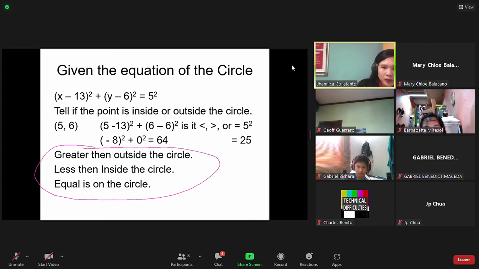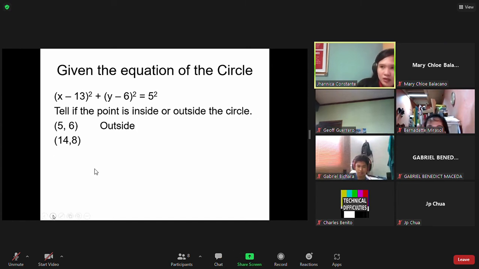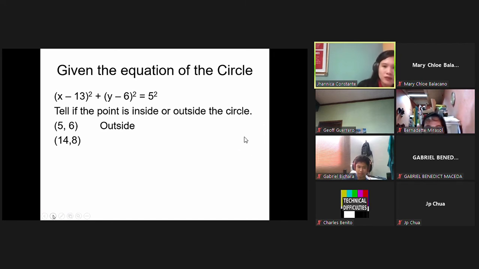For example, given the standard equation of our circle, which is (x - 13)² + (y - 6)² = 5², that is our standard equation.